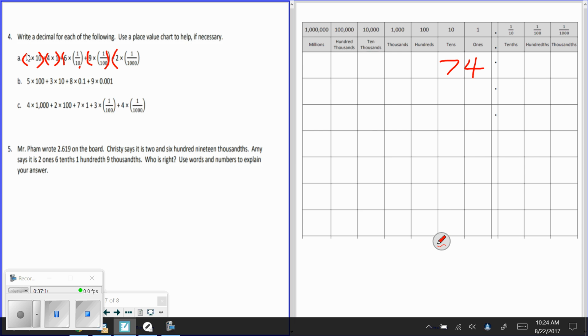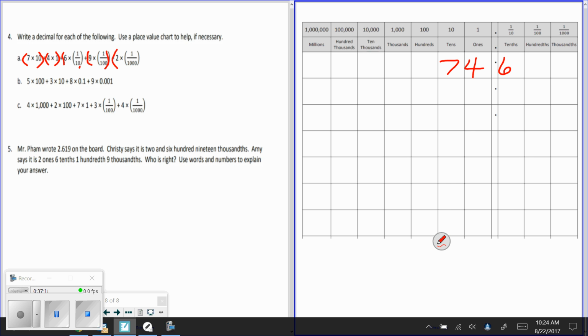Go to the tenths place, write a 6. 9 copies of 1/100. Write a 9. 2 copies of 1/1,000. Write a 2. And now it's giving you your standard form, and you didn't even have to really think about it. You just wrote down what it told you to write down. It didn't require a whole lot of multiplying or extra thought. You were like, oh, put this here, put this here, done.